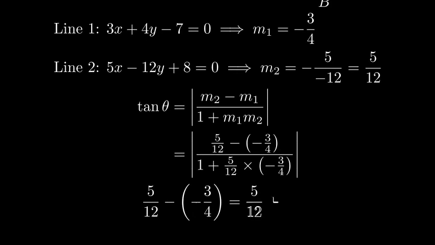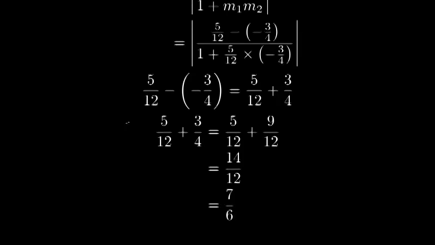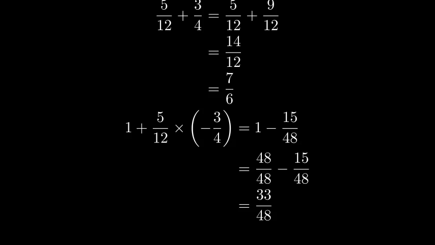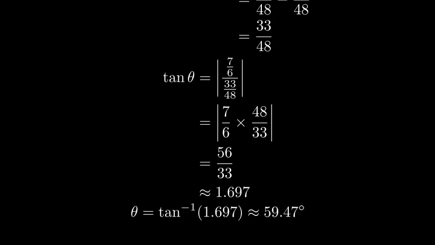Let's simplify. 5/12 minus negative 3/4 equals 5/12 plus 3/4, converting to a common denominator, equals 5 over 12 plus 9 over 12 equals 14 over 12 or 7 over 6 for the numerator. 1 plus 5/12 times negative 3/4 equals 1 minus 15 over 48 equals 48 over 48 minus 15 over 48 equals 33 over 48, so tan theta equals 7 over 6 times 48 over 33, which gives us 56 over 33, or approximately 1.697. Taking the inverse tangent, theta approximately equals 59.47 degrees.